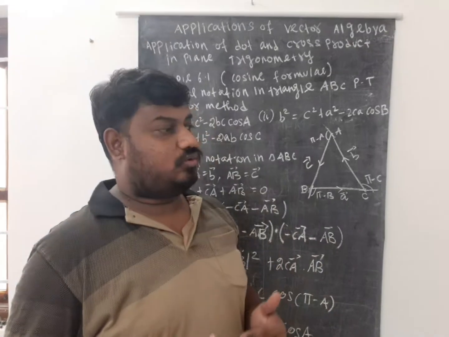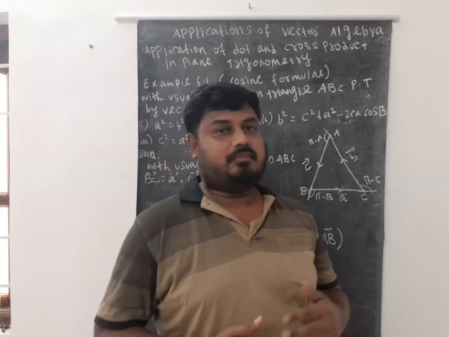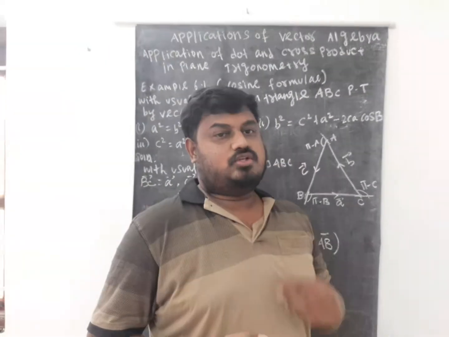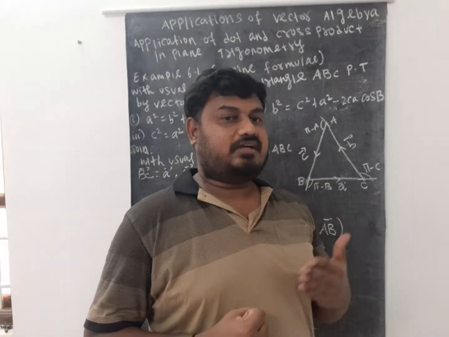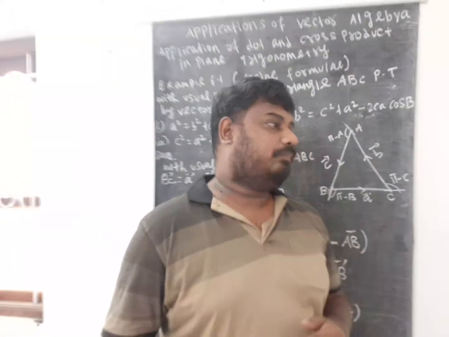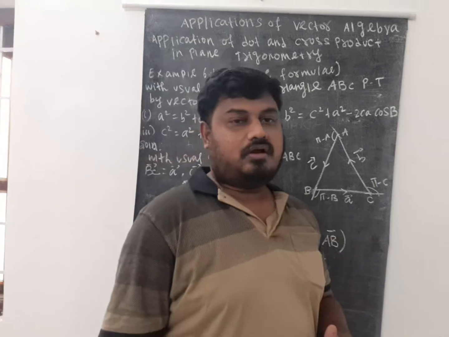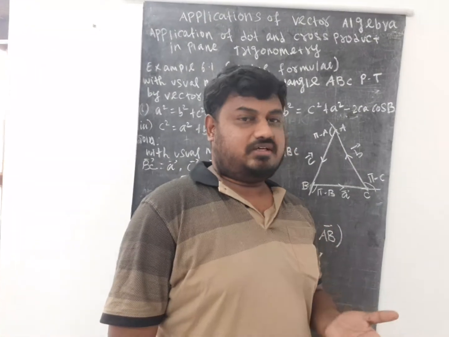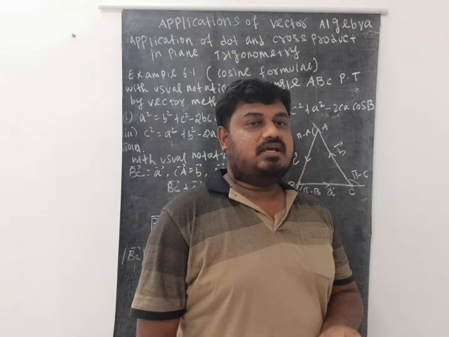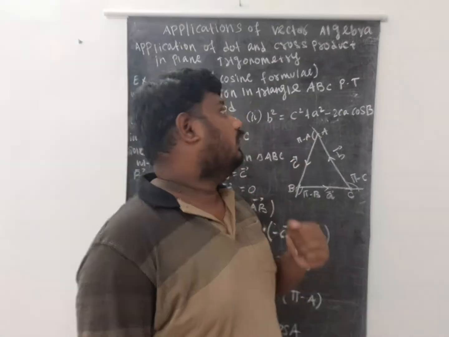The next one is application in three-dimensional plane geometry, especially the line and the plane. For the line, we have to find the vector and Cartesian equations, and how to find the vector and Cartesian equations of the plane. Then parametric equation, non-parametric equations, vector form, Cartesian form, then angle between the lines, angle between the planes. These are the learning objectives for 12th standard.